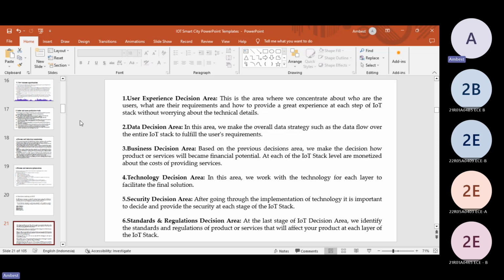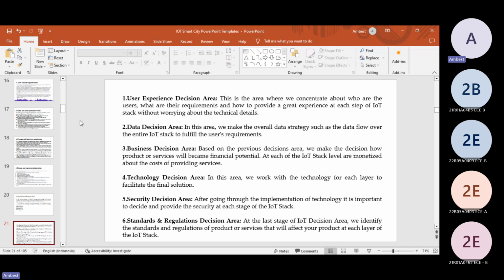So the first thing was the user experience decision area, which concentrates on who the users are and their requirements, so they are provided a great experience at each step of the stack without worrying about technical details. In the data decision area, we make overall data strategies, such as the data flow across the entire IoT stack, which fulfills user requirements.